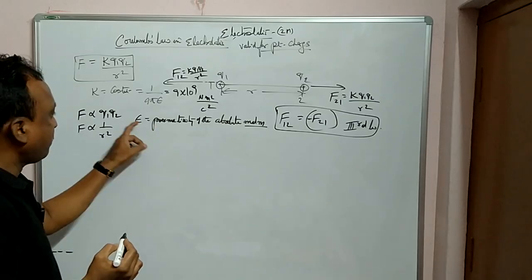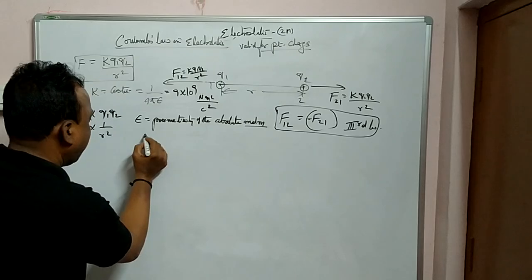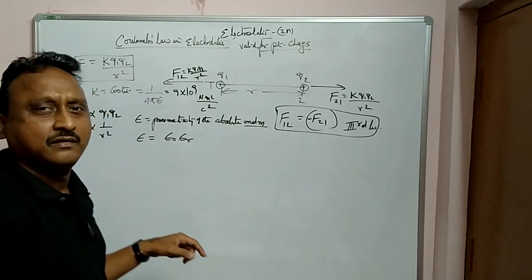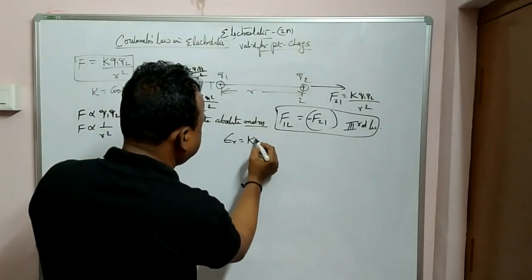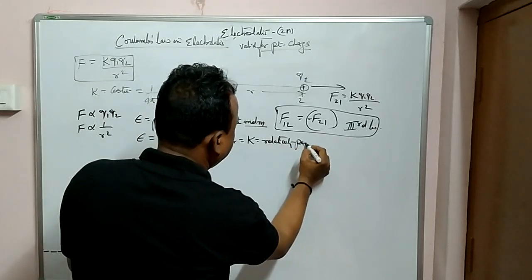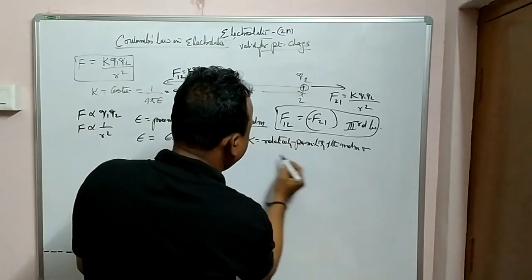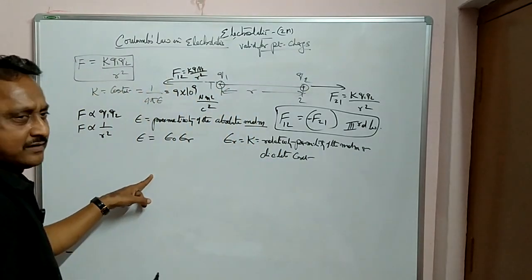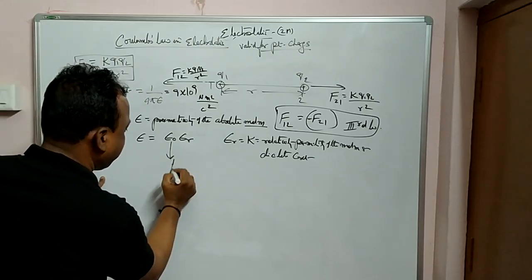So here if you observe carefully, what is epsilon? Permittivity of the absolute medium. That means epsilon can also be written as epsilon naught epsilon r, where epsilon r is the relative permittivity or dielectric constant. And epsilon naught is the permittivity of free space.